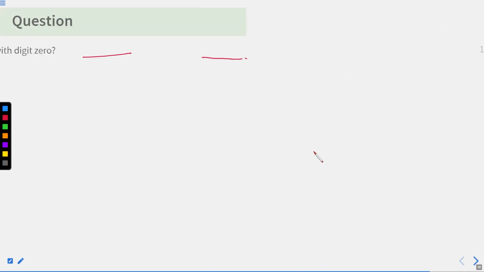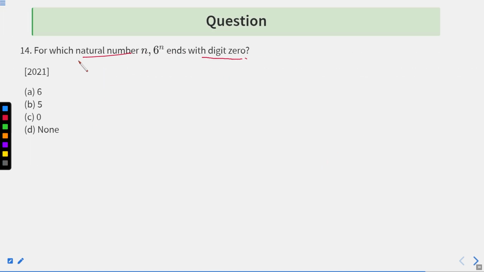There is no natural number n for which 6 to the power n ends with digit 0. Here option D is the correct option, so none.